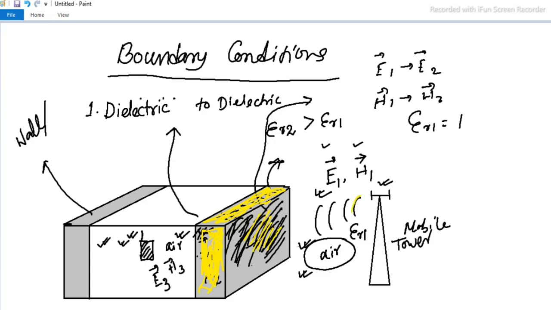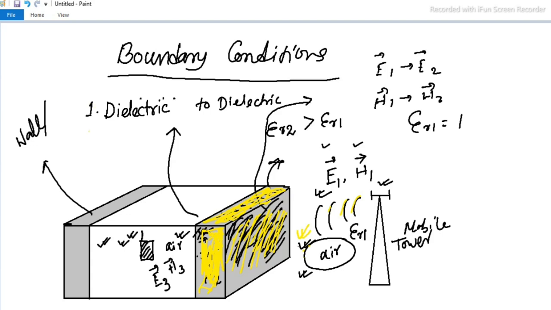Initially the electric and magnetic field is traveling through air. Now it is going to encounter the conducting medium, right? A conducting wall is going to be encountered. So what kind of boundary condition am I going to get? I am going to get air to conductor, so a dielectric to conductor boundary condition. Air is your dielectric and this is basically the conductor.